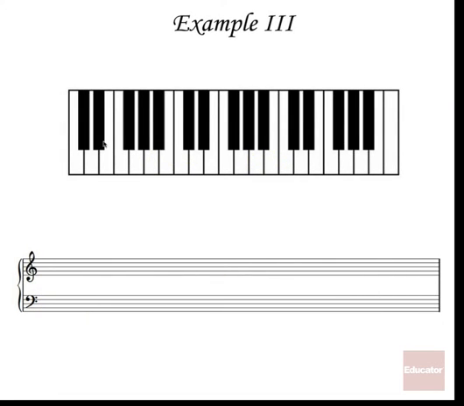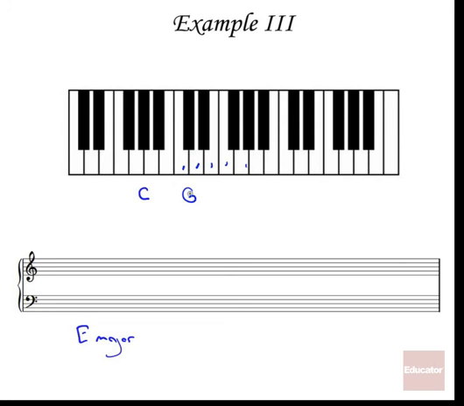Okay, for the third example, let's say we're asked to find the key signature for E major. And now let's use the circle of fifths method. We know that the circle starts with C major and it moves up in fifths. So let's count up in fifths until we get to E. We're going to go 1, 2, 3, 4, 5.